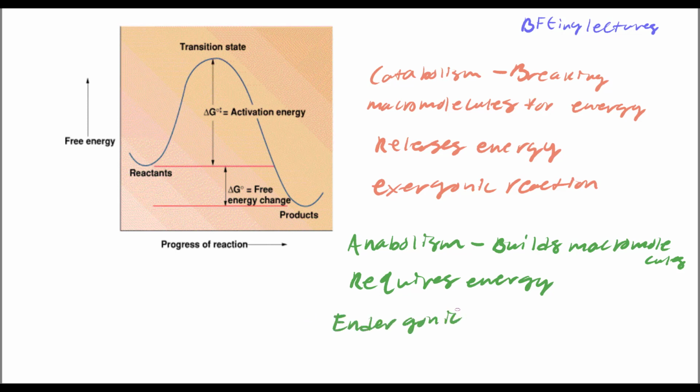Does that mean that it's favorable or non-favorable? It's actually not favorable. It's a good thing to build macromolecules. Obviously, whenever you get a cut, your body builds the platelets and it protects your skin. You have a scab, but whenever that scab falls off, you have a new area of skin, right? So that is anabolism. Your body produced something.